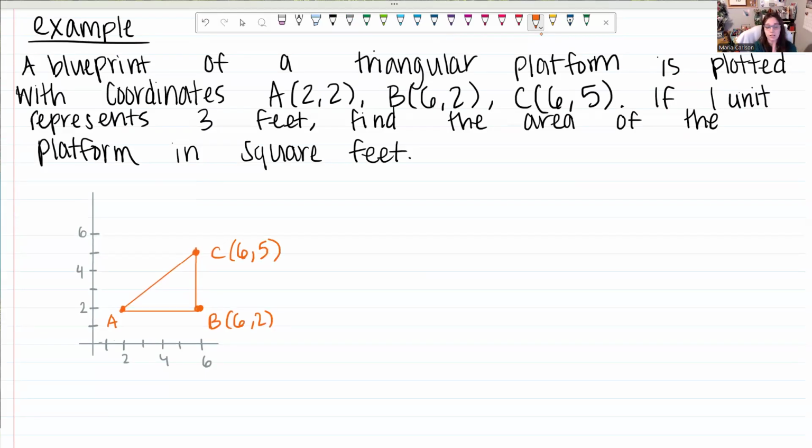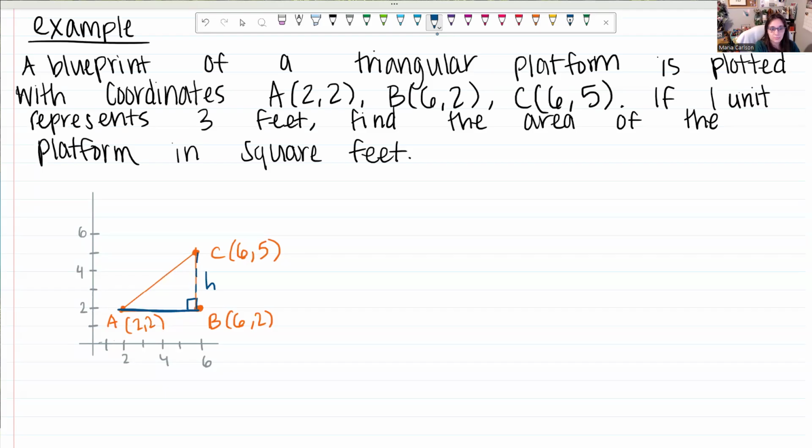So this is a vertical line, whereas A has a height of 2 and an X value of 2. This is the point 2, 2. So this is a horizontal line and a vertical line, which tells me that this is a right angle here. So this is a right triangle, which means if I find the base, this is the base, and then I could represent this length of the triangle as our height.